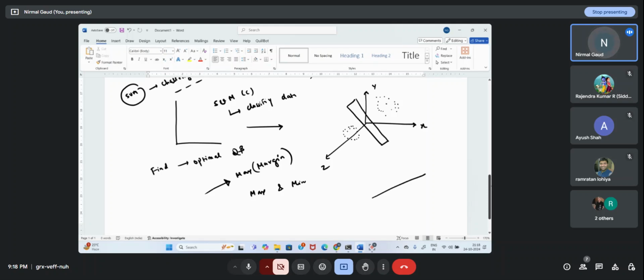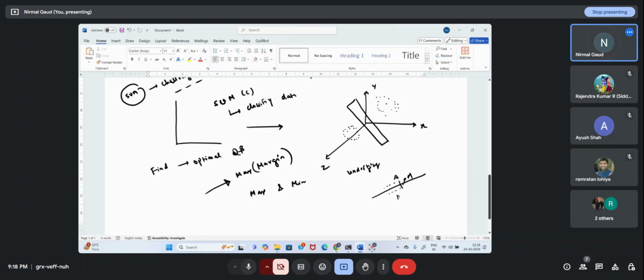If this is your class boundary, this is a class boundary for A, this is for B. See, the margin is very low. That's what we don't want. We want max margin. Minimum margin gives you underfitting.